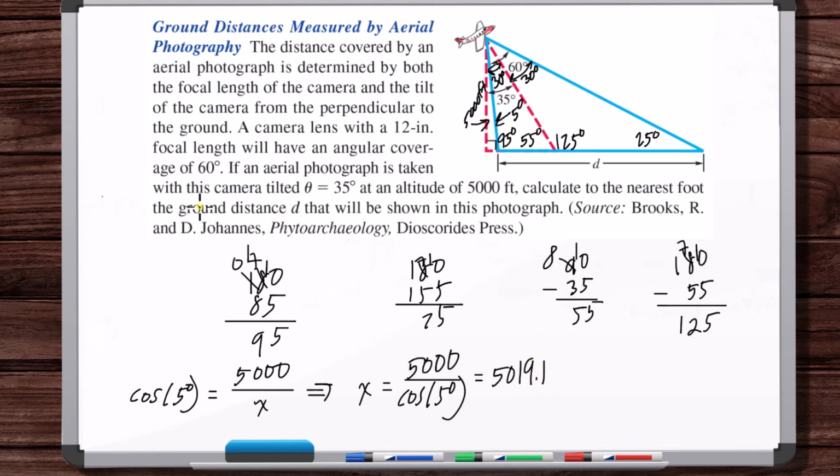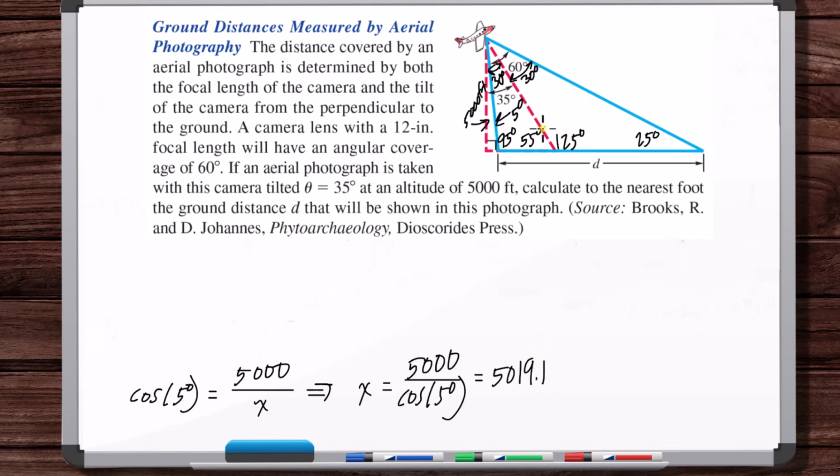Now we have everything we need to use the non-ambiguous case of the law of sines to get side length D. We're applying the law of sines to this blue triangle. We've got a side length and two angles. We're going to need sine of 60 for sure, because across from the 60-degree angle is side length D, which we want to solve for.